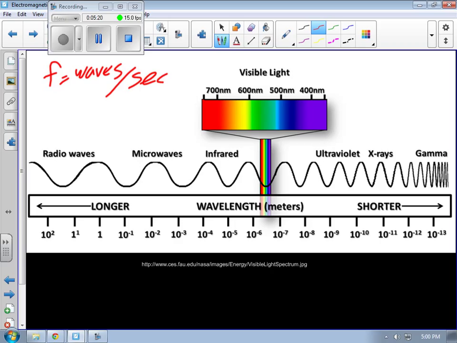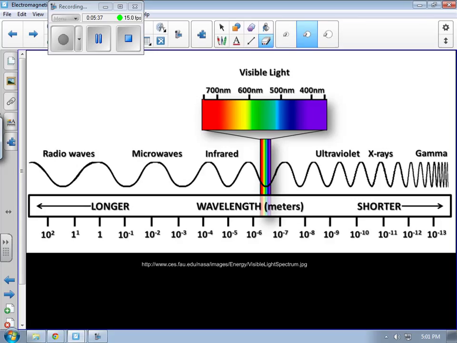But now that we know how fast these waves are moving, we can use an equation, and instead of counting the number of waves that pass a point, we can calculate it. The equation used for this is the speed of light equation, which most of you have seen, and it's c equals frequency times wavelength.